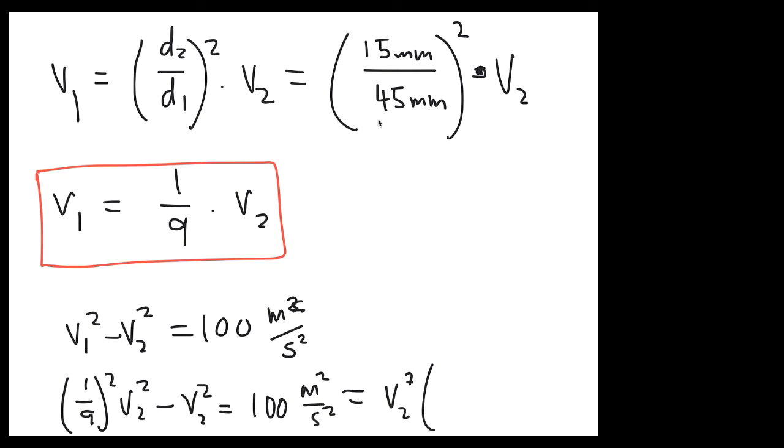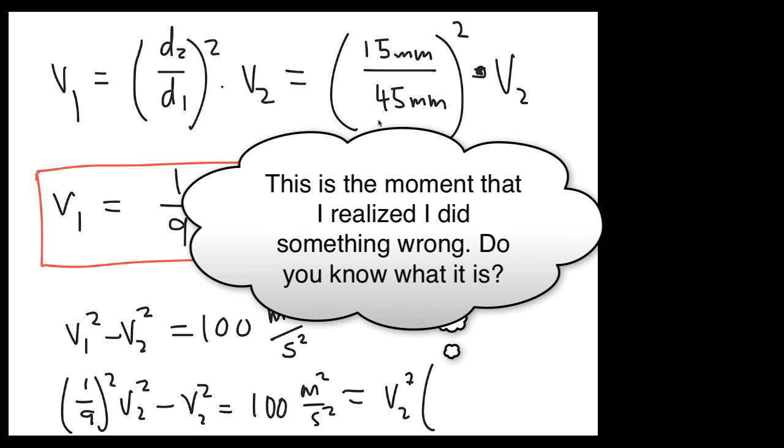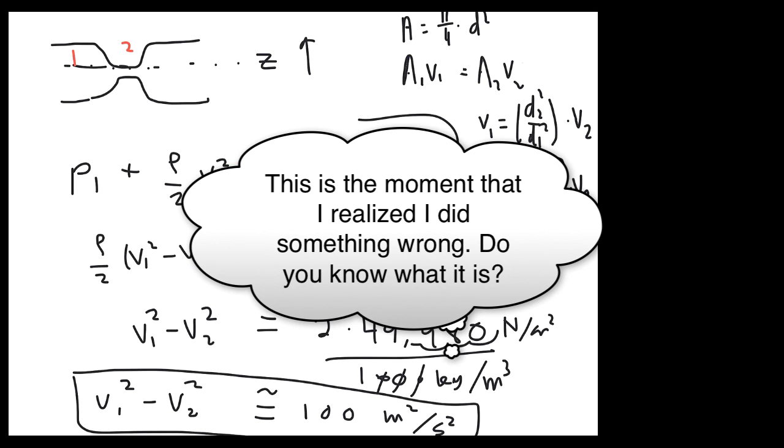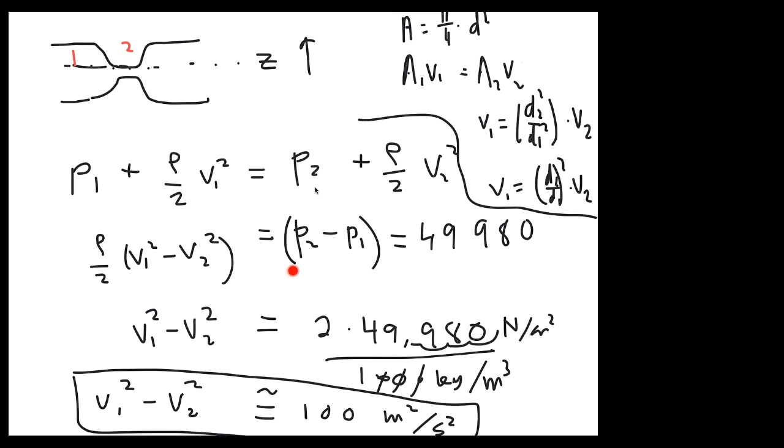It looks like I'm going to get a negative number. And I do think I'm going to get a negative number. I'm looking back on this, and I see that here's point 2, here's point 1. P2 minus P1, we know pressure 2 is lower than pressure 1. So this is, in fact, going to be a negative number, P2 minus P1.